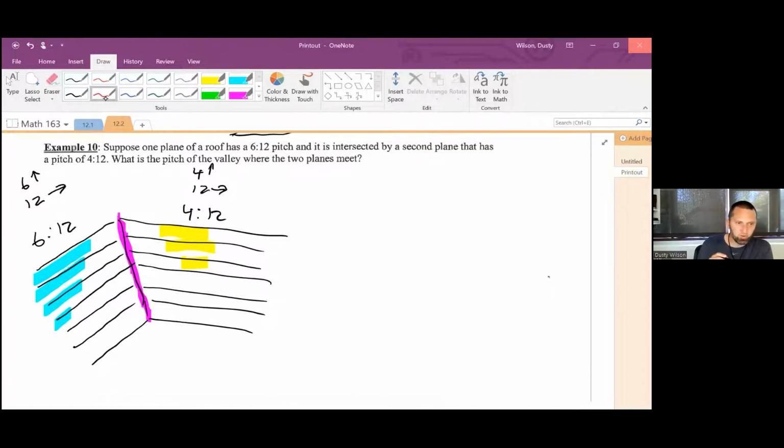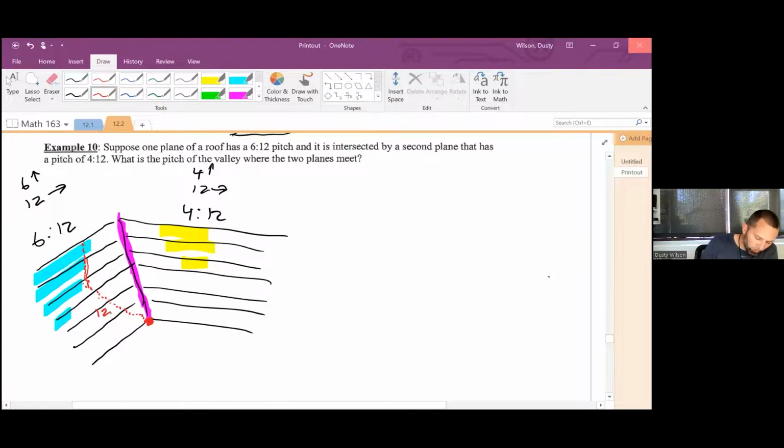So for the sake of simplicity, imagine that these roofs are infinitely long. Okay. And so suppose you start down here at the gutter where the two come together, and you marched horizontally into the inside of the roof a length of 12. And then you came up to the ridge line here. So there's your 90-degree angle.